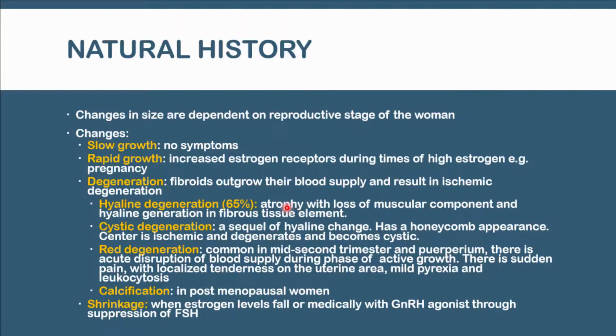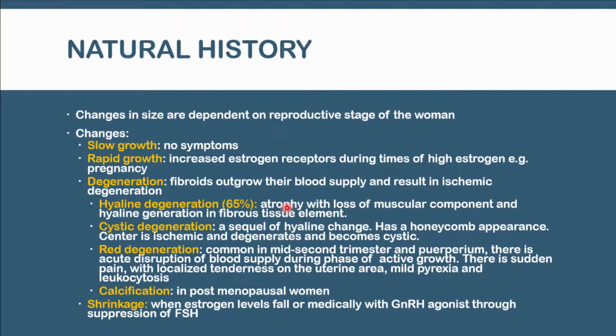Now, in some cases, especially during the mid-trimester as well as in the puerperium, the first 6 weeks just after a woman gives birth, this fibroid can undergo an acute disruption of its blood supply, especially during its active growth phase. When that happens, the fibroid may become very painful.